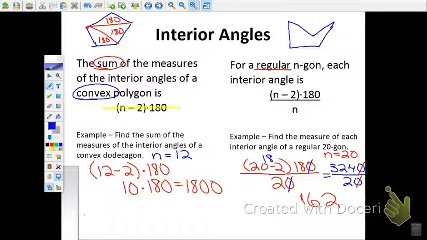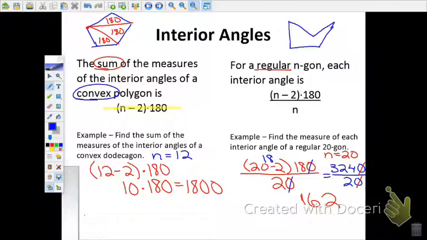So that's our focus today. Tomorrow we will work with the exterior angles. Today we're working with the interior. So the sum of the interior angles is n minus 2 times 180.